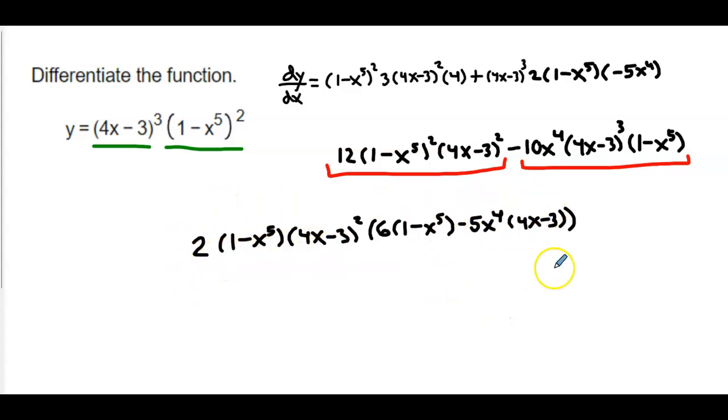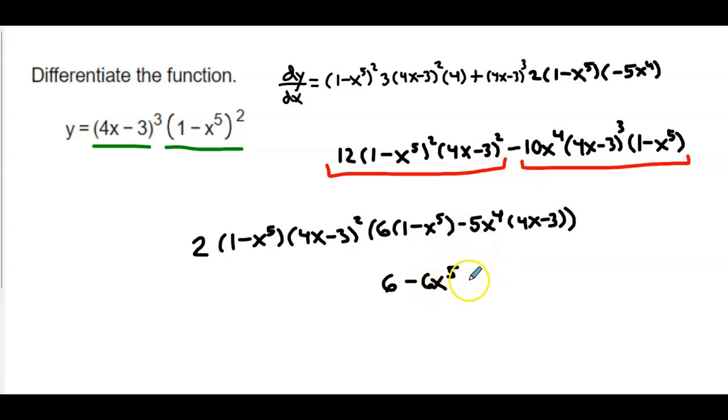We got this piece almost simplified. The last thing to do here would be to distribute the 6 and the negative 5 across these binomial factors and then combine like terms. So if we multiply the 6 in, we're going to get 6 times 1 is 6. 6 times negative x to the fifth is negative 6x to the fifth.